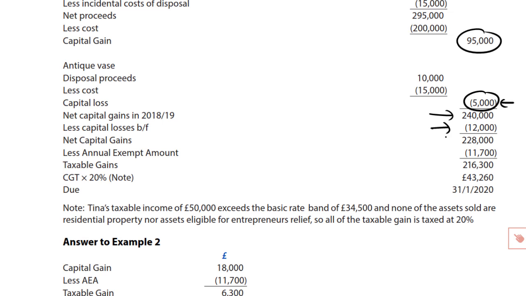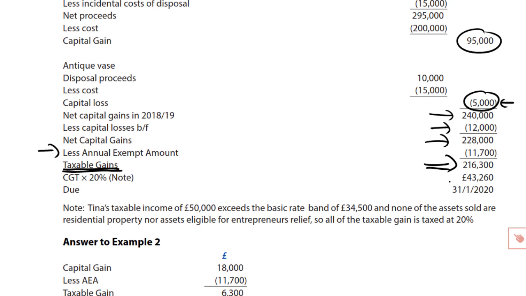Take out your capital loss brought forward, then the net gains remaining, subject to the deduction of the AEA, 228. Take away your AEA for the year, and that brings us down to, this is the figure we need to be able to calculate the CGT liability, it's the taxable gains. In total, 216,300.